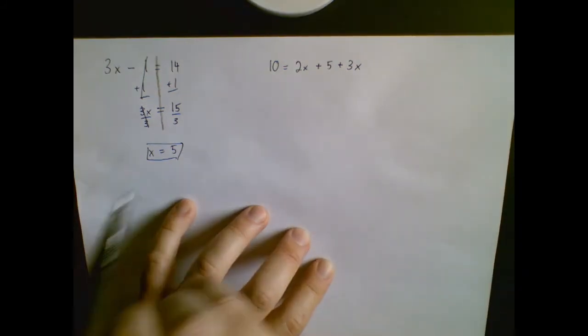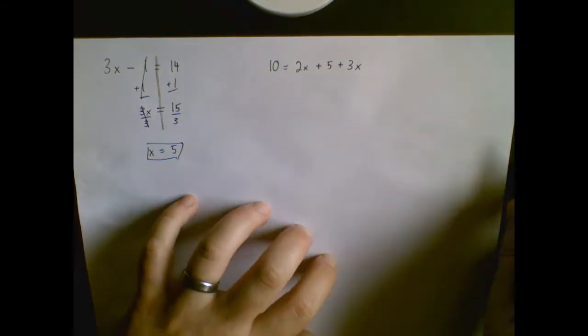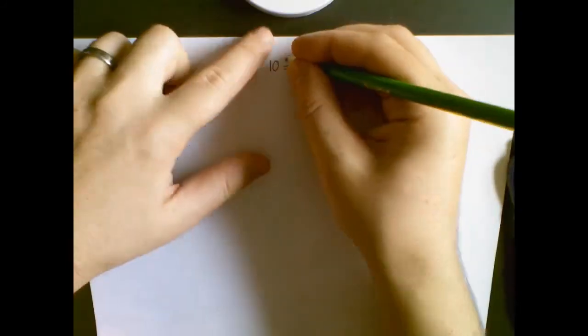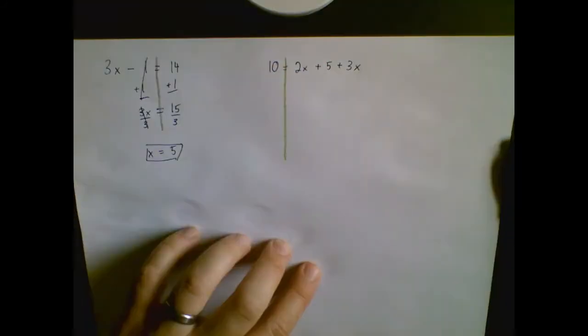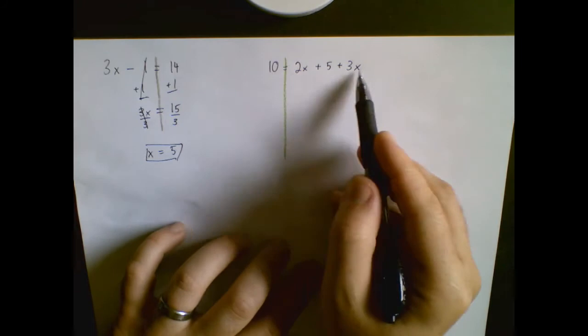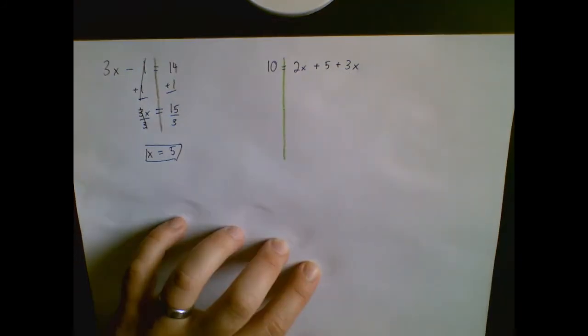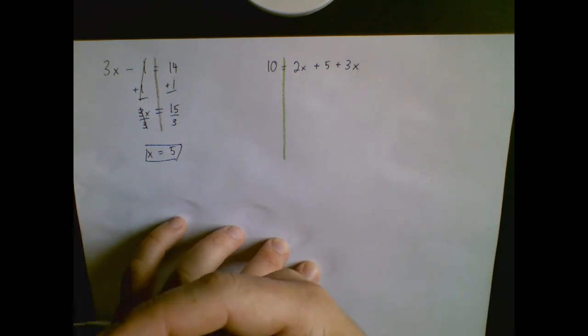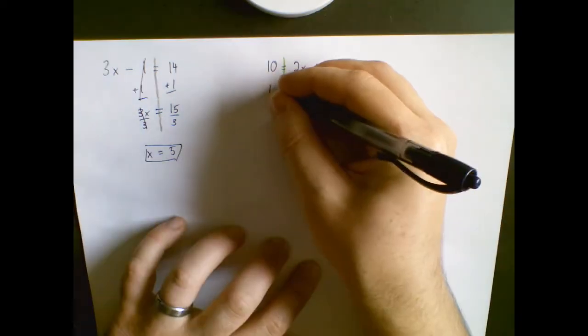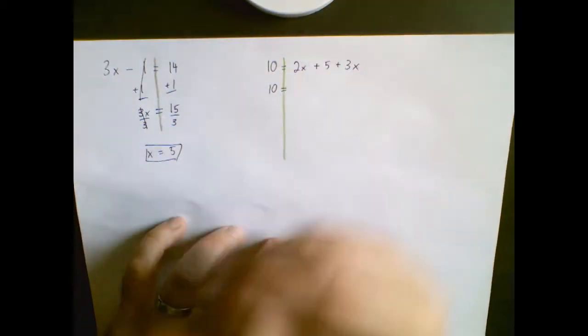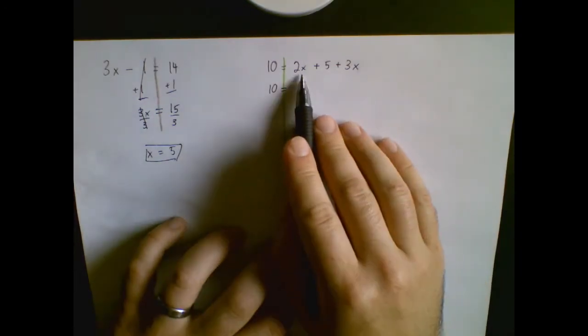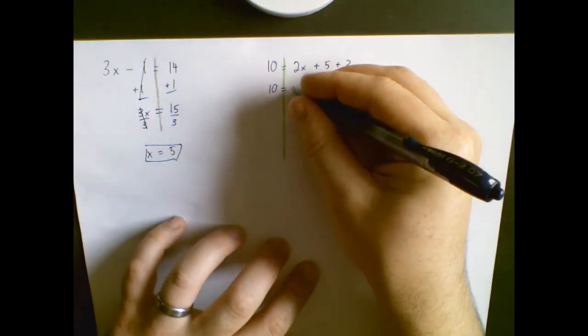So I have two x's right now, and they're both on the right side. Right? There's my line. So both the 2x and the 3x are on the right side of my equation. In that case, we're just going to add our like terms together and go about it like normal. So there's nothing to do on the left side with a 10. 2x plus 3x is 5x.